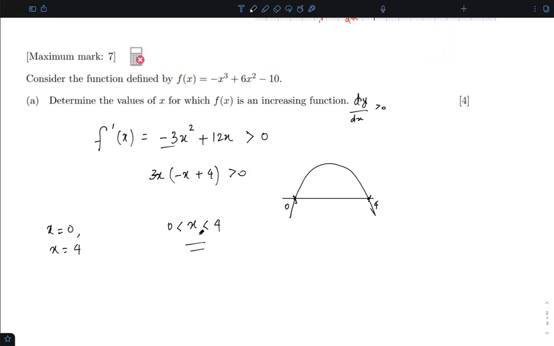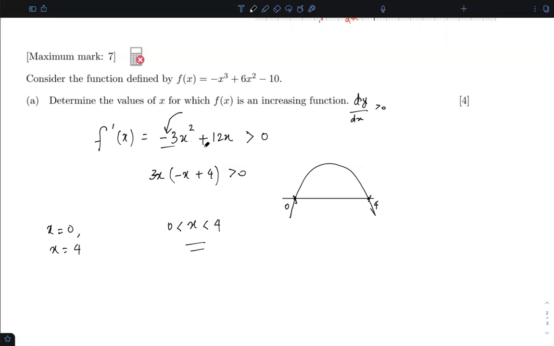So let's quickly go over it once again. Determine the values of x for which f(x) is an increasing function. If f(x) is an increasing function, its derivative, its gradient function, should be greater than 0. So the gradient function is -3x^2 + 12x greater than 0. This is a quadratic. That means the shape is a parabola opening downwards since the coefficient of x^2 is negative.